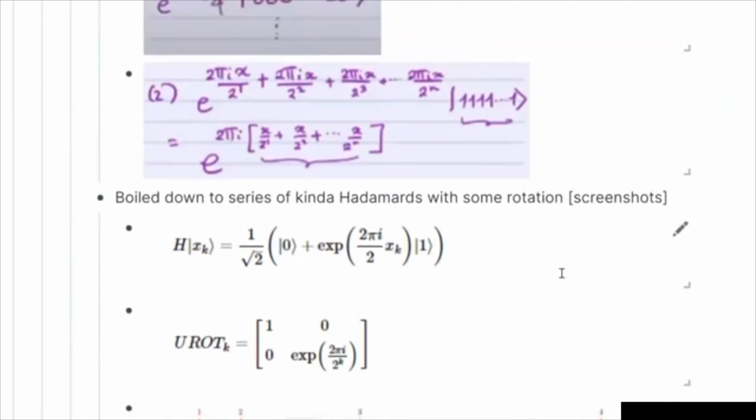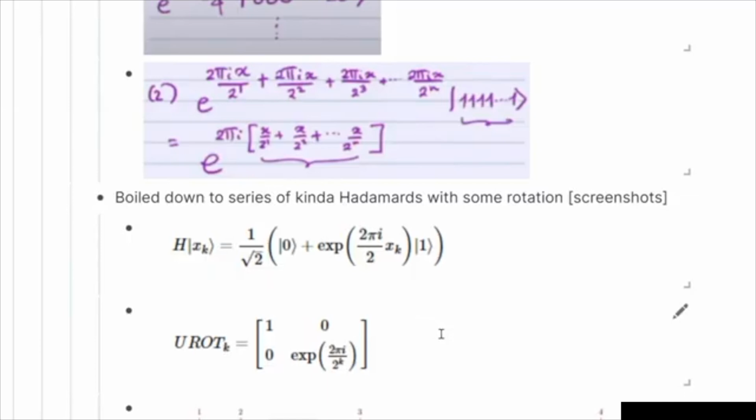Let's see how. The Hadamard gate here flips one from either zero phase to 180-degree phase, that's plus one or minus one, right? And the U rotation gate here, we should define with a parameter k. That k determines the amount of rotation. Higher the k, lesser the rotation.